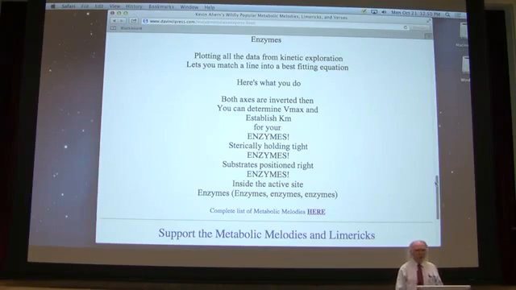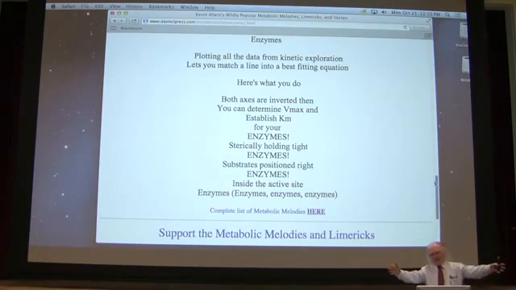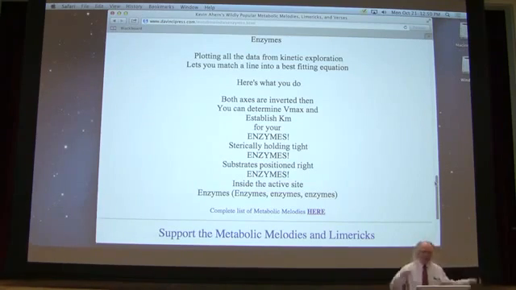Here's what you do. Both axes are inverted, then you can determine Vmax and establish Km for your enzymes. Sterically holding tight, enzymes. Substrates positioned right, enzymes. Inside the active site, enzymes, enzymes. All right.